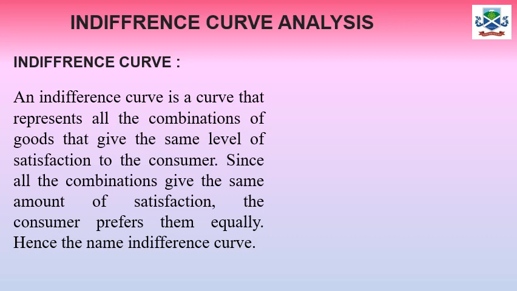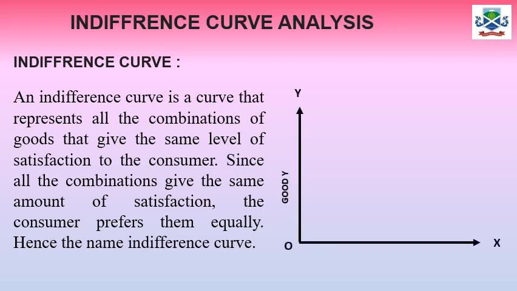It can be given a rank like good, better, best. So it gives you a choice, a combination of two different commodities which gives the same level of satisfaction. If it is good, it means good in any combination.